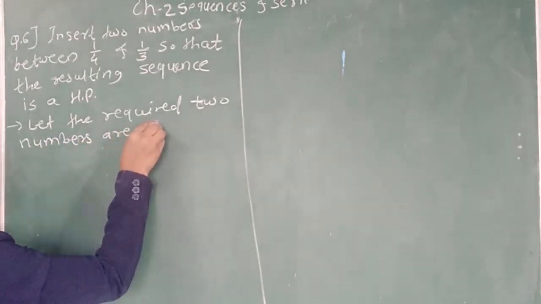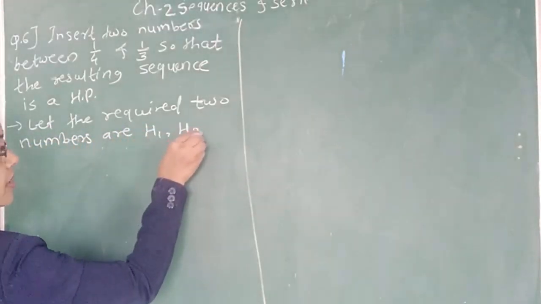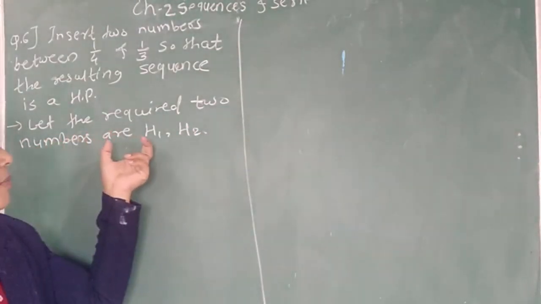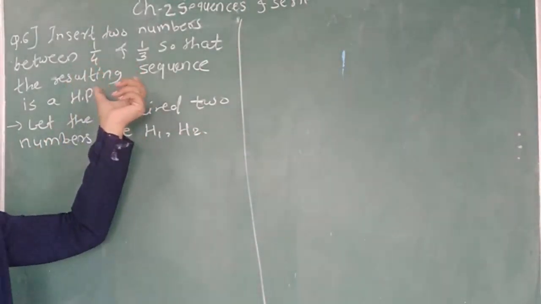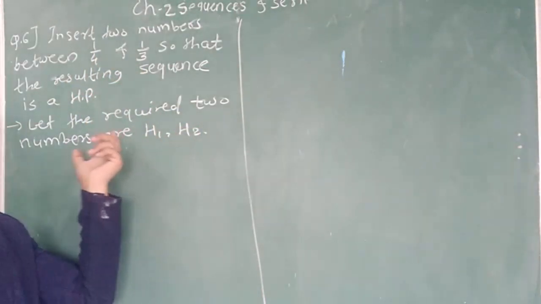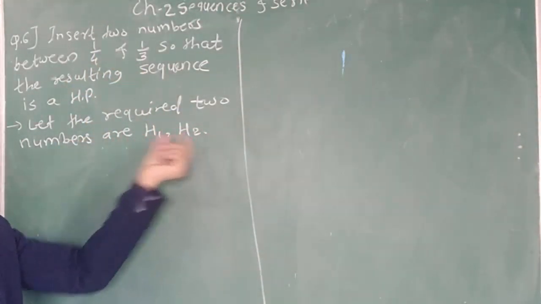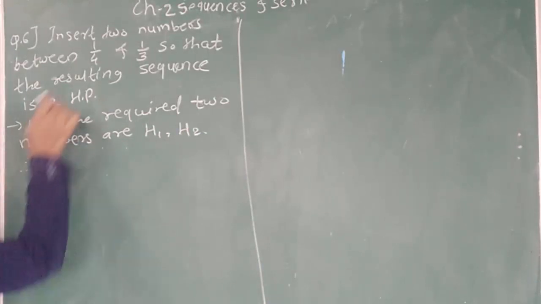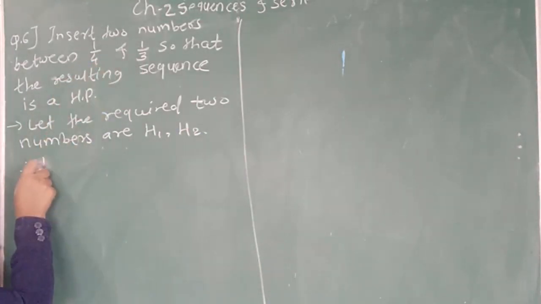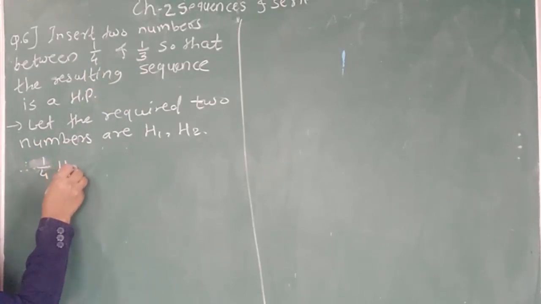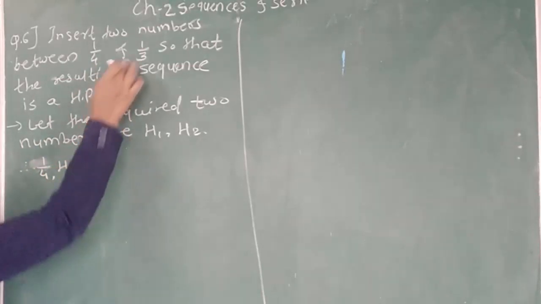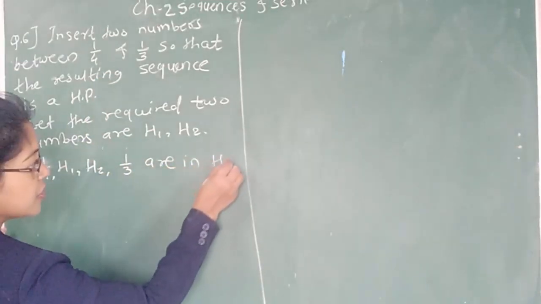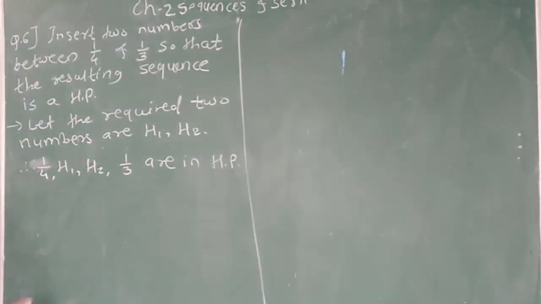It is the same as the geometric mean example we took. Now, the numbers are given in harmonic progression. So take H1 and H2. Inserting two numbers between 1/4 and 1/3, the sequence 1/4, H1, H2, 1/3 is in HP.